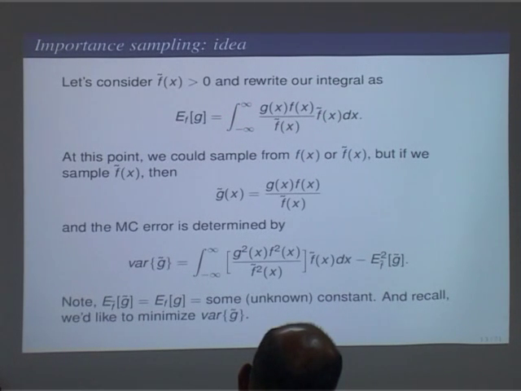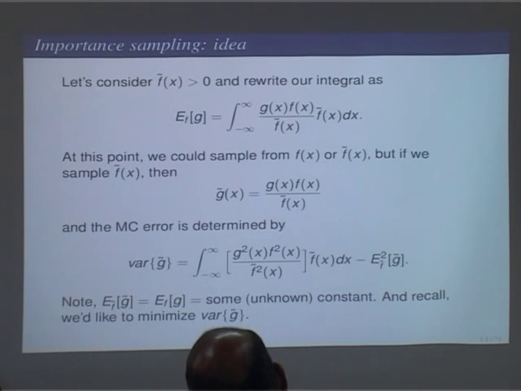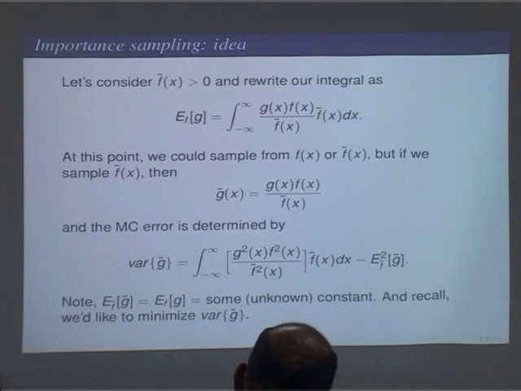Now I can think about, instead of doing Monte Carlo sampling from F, what if we sample from this F tilde? So I want to pick some other distribution. Now my Monte Carlo error is determined by just the variance of what's left over here, which is just some other function. That was exactly what we were trying to reduce before.